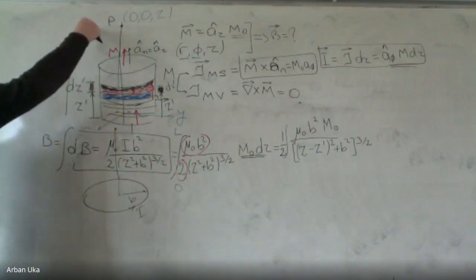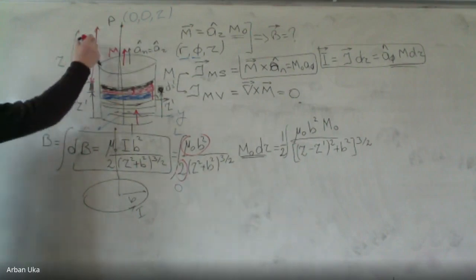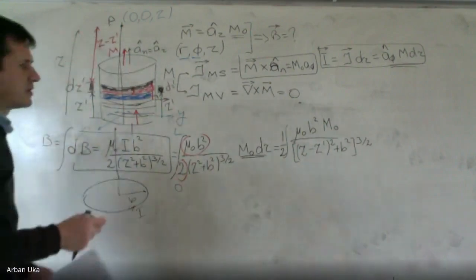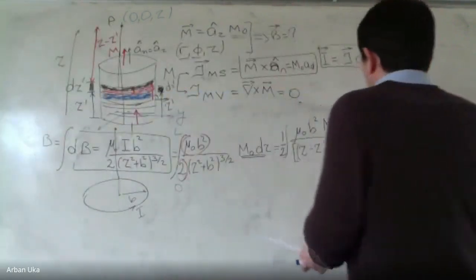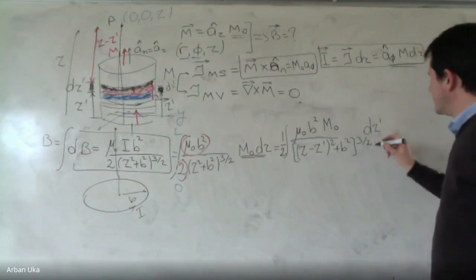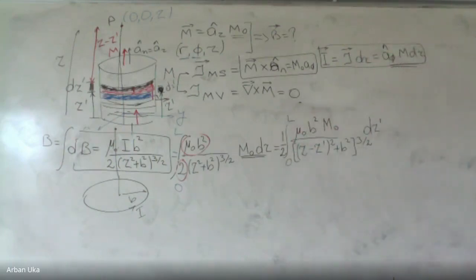So we denote this one in red. So this is the expression which should show up here. And the integral here is dz prime, we integrate from 0 to L. Okay. So that's the magnetic field expression.